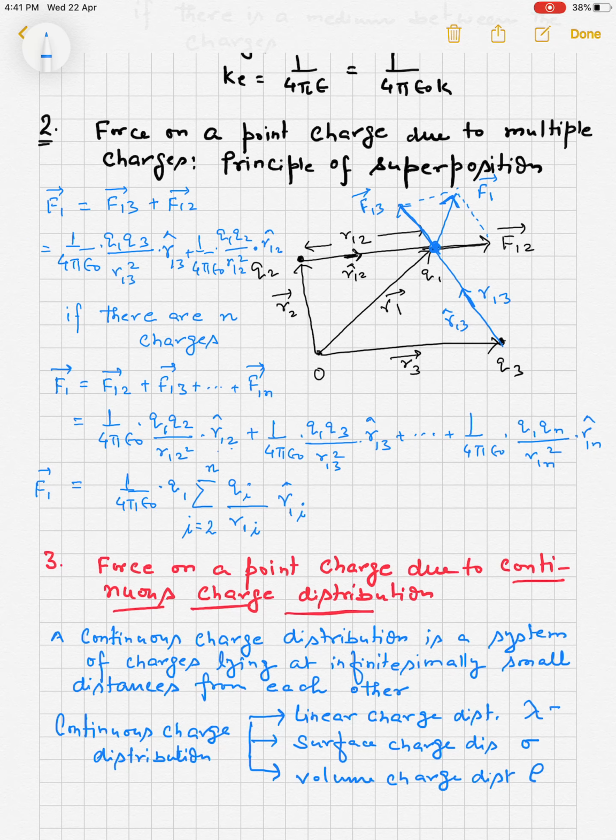So it is charge per unit length, Q by L, charge per unit area, and charge per unit volume. So there are three types of continuous charge distribution.